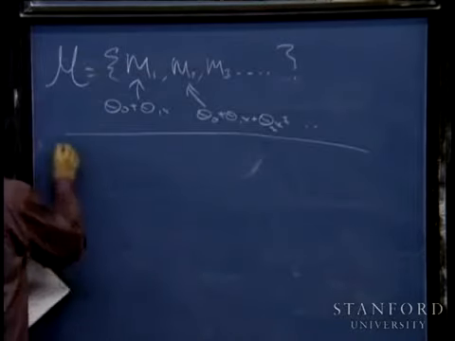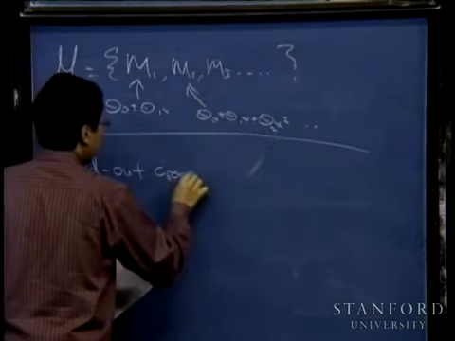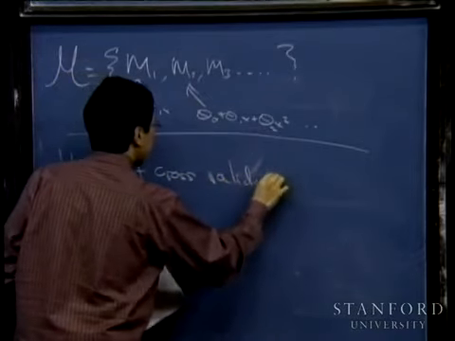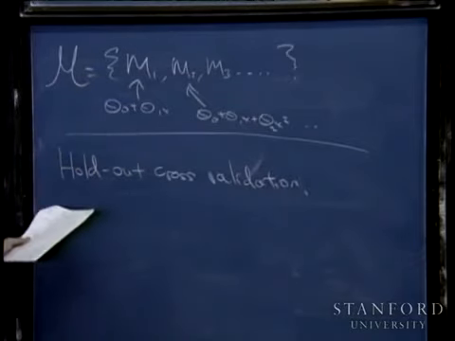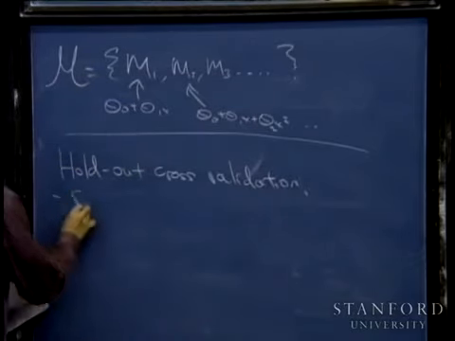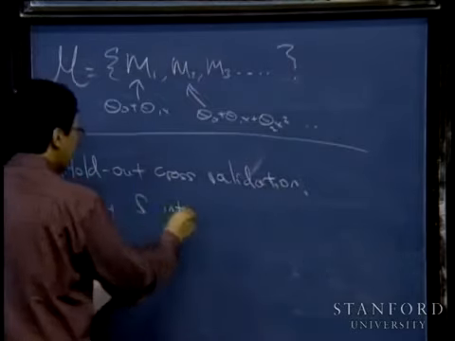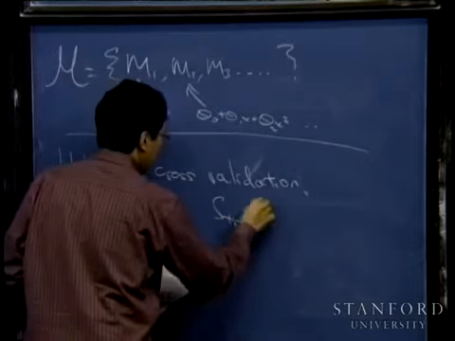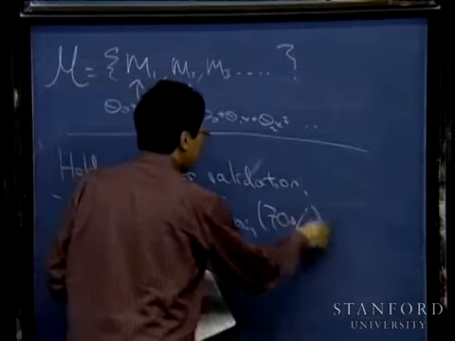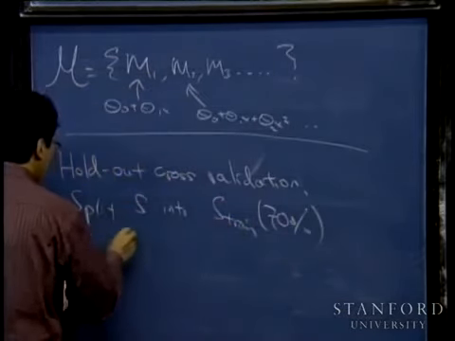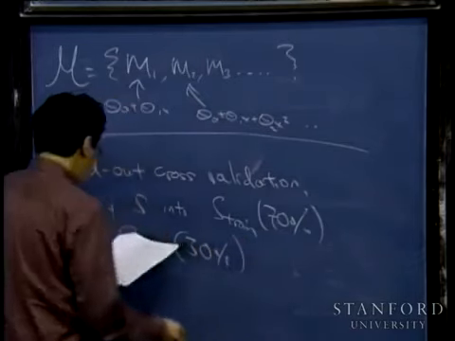There are several standard procedures to do this. One is holdout cross validation. In holdout cross validation, we take all the data we have and randomly split it into two subsets. I'm going to call them the training set and the holdout cross validation subset.